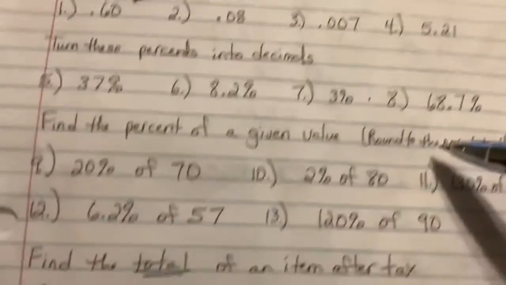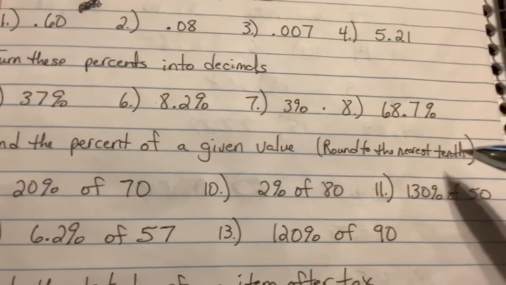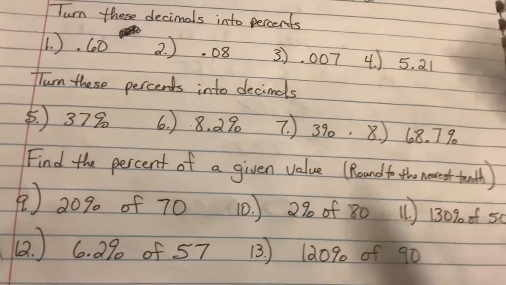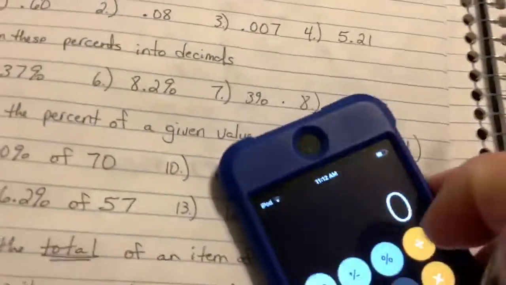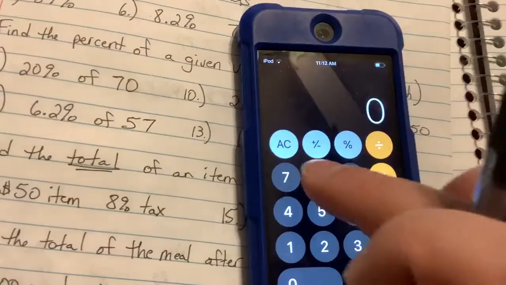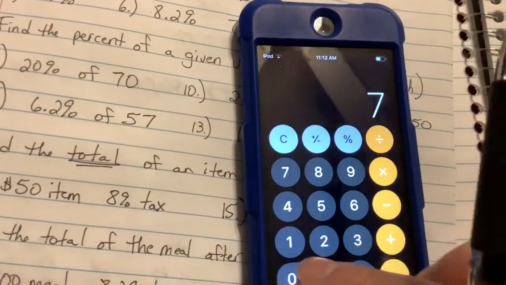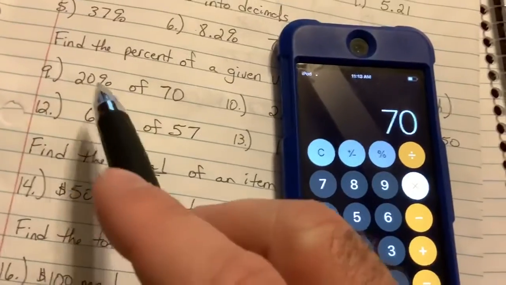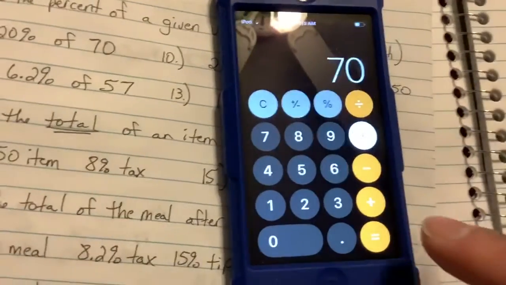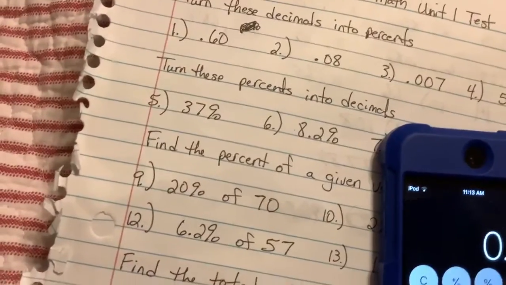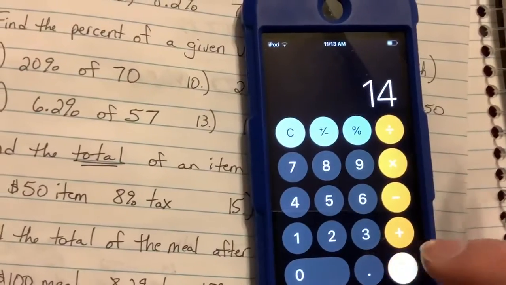Okay, find the percent of a given value, round to the nearest tenth. So 20% of 70, you take 70 and multiply it by 0.2, because you move the decimal twice. And equals.